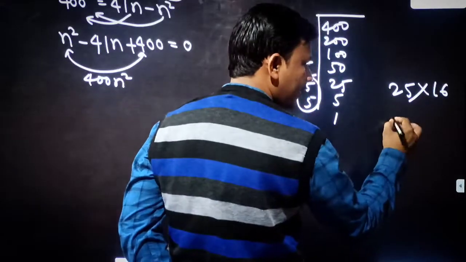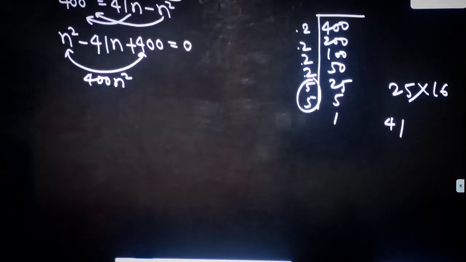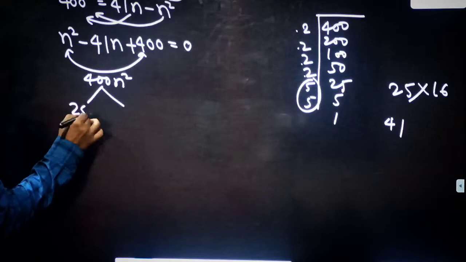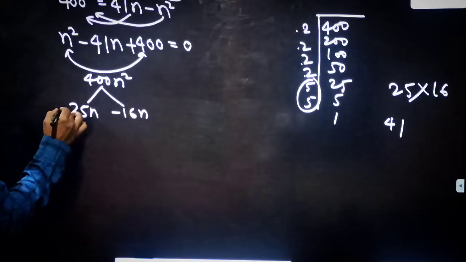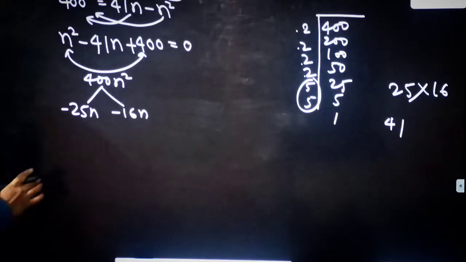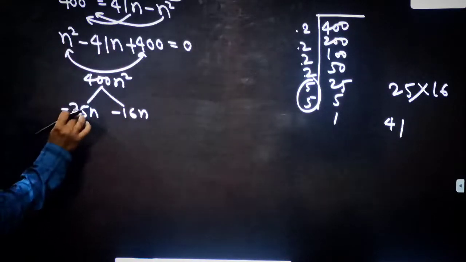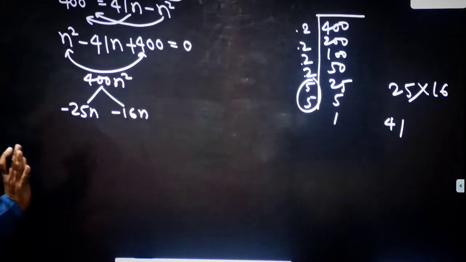Add, after adding you will get 41, correct. Multiply, you will get 400. One is 25n, another one is 16n. Both are minus, then only you can add them. And 25 plus 16 is 41. Big number symbol minus. Understood?